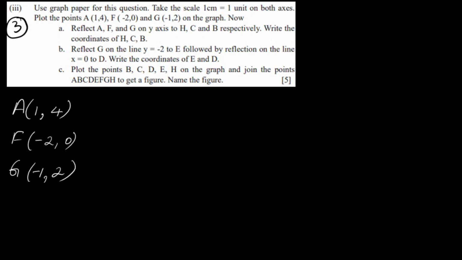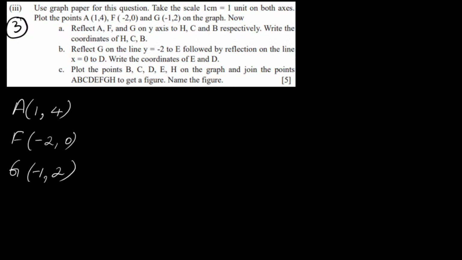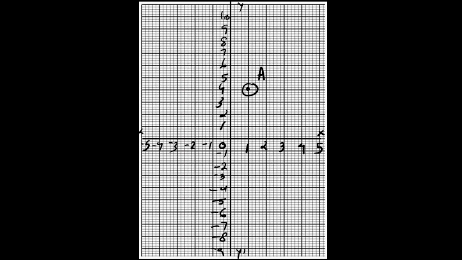A is (1, 4). On the x-axis I have located 1, straight up I have to go till 4. You have to write the point also, (1, 4). So I'm writing point A here. Next is F, (-2, 0).